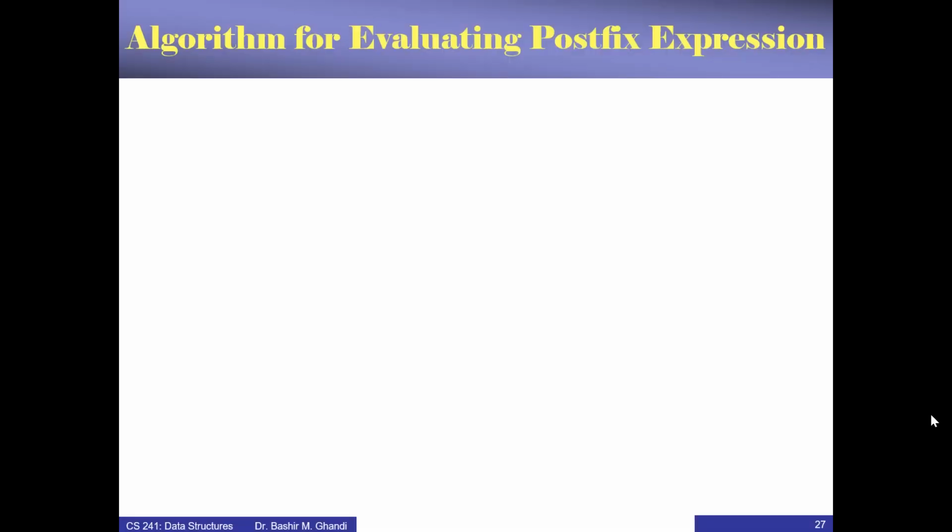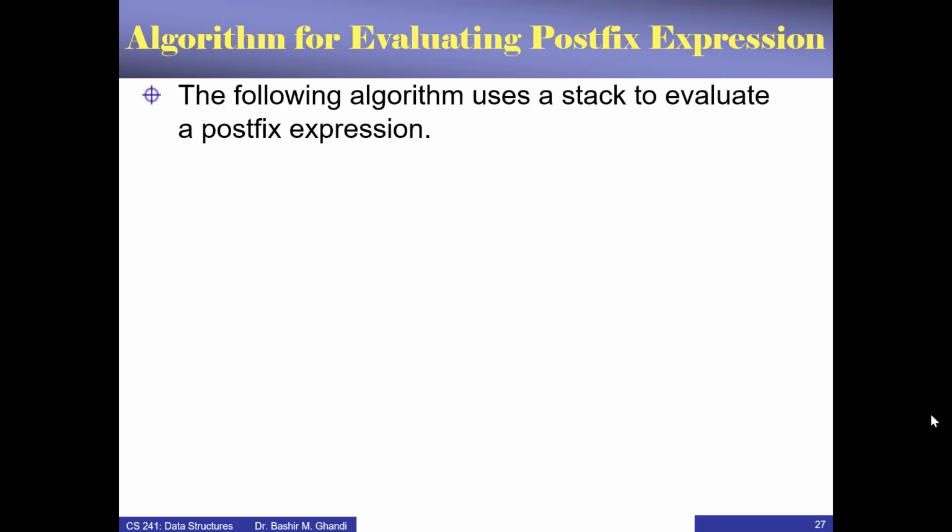The next algorithm is for evaluation. Suppose we have a postfix expression. How can we evaluate it to get a single value? Again, this is possible with the help of stack, and the algorithm is even easier than the one for the conversion. Okay, so the following algorithm uses a stack to evaluate a postfix expression.